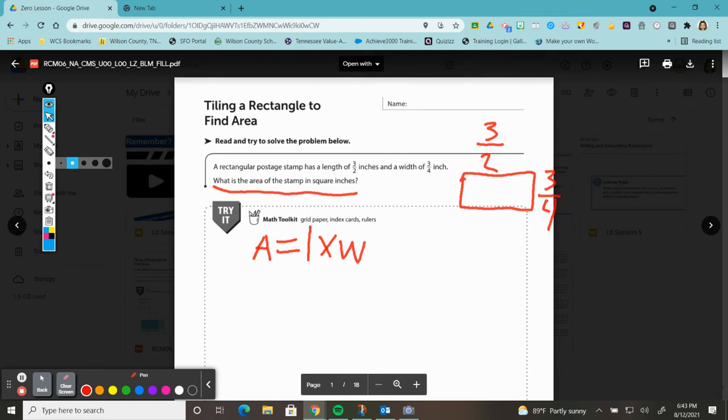You might have also seen this as side times side. So if we are using an equation, we would plug our fractions into this equation, length times width. And then we would multiply the top two numbers and multiply the bottom two numbers to find our area in square inches.